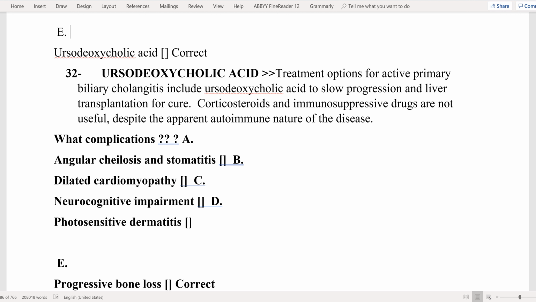So that's the thing. Angular cheilosis and stomatitis can be due to riboflavin, B2 deficiency. And this one, there is cardiomyopathy and Wernicke-Korsakoff, neurocognitive impairment.